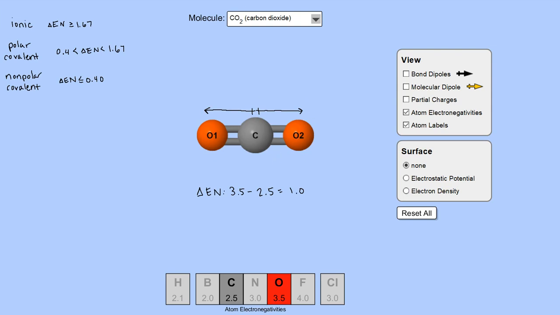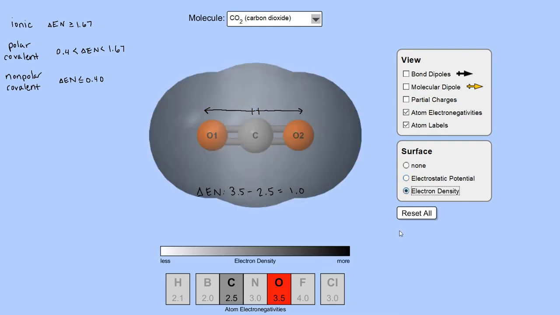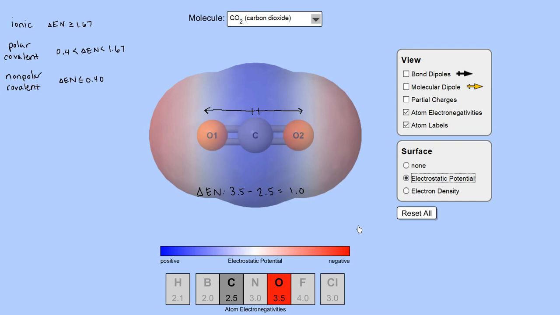So let's look here at our electrostatic potential to see if that's true, or electron density first. So yeah, look, we've got a darker color indicating that electrons are spending more time around the oxygen atoms. And if we look at our electrostatic potential, we do see that there's a slightly negative charge on the oxygen atom sides and a slightly positive charge around the carbon.